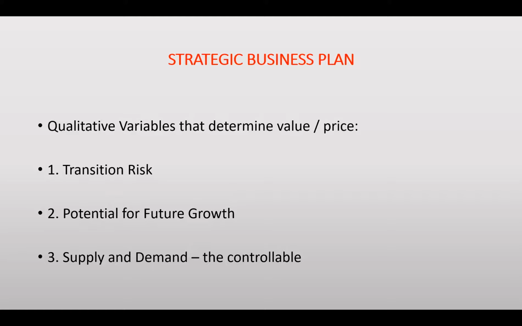And 3, supply and demand, most of which individually we don't have control over, but there are certain things we can do in our business so that they are more attractive to buyers. As we go through this, try and remember these. I'll briefly mention them throughout because it's very important when you're trying to design a plan to increase the value of your business.